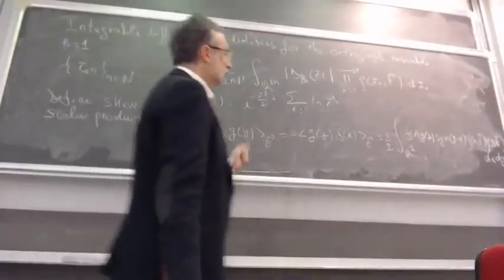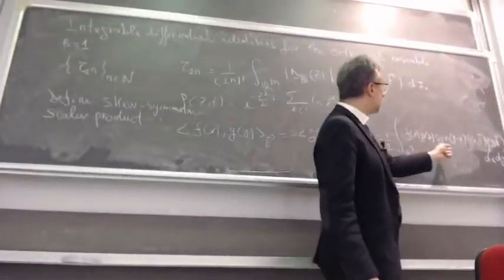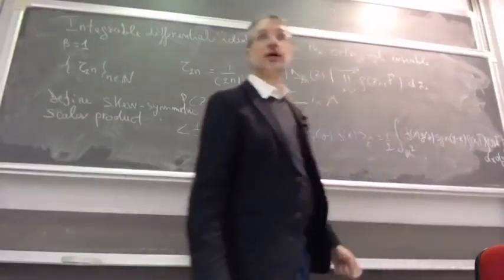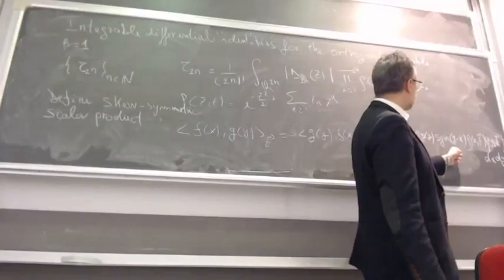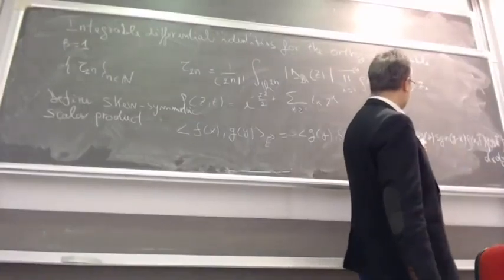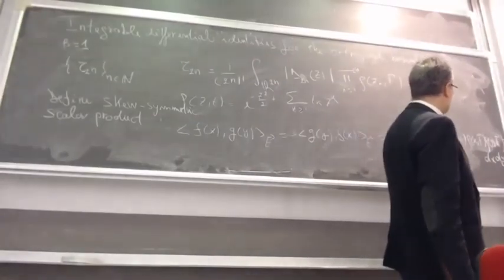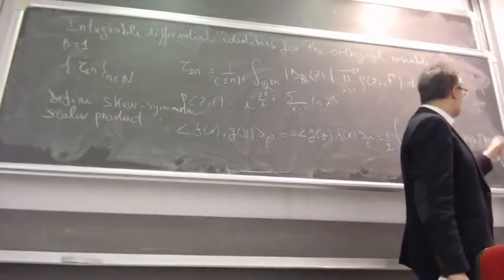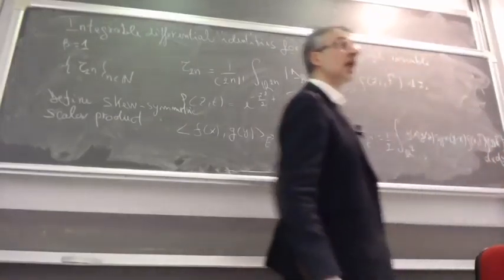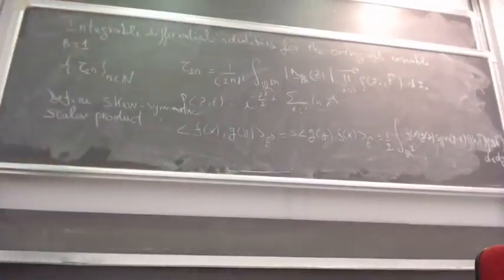So the skew-symmetry is induced by this sign here. We have the product f(x) g(y), the sign of y minus x, times rho calculated on x, rho calculated on y, dx dy.